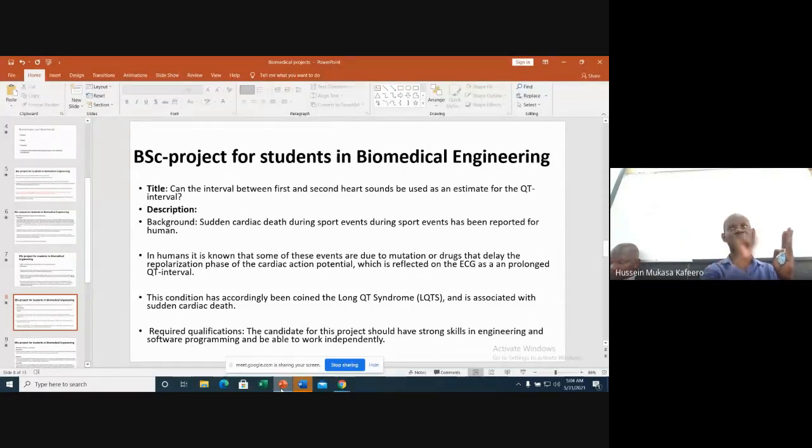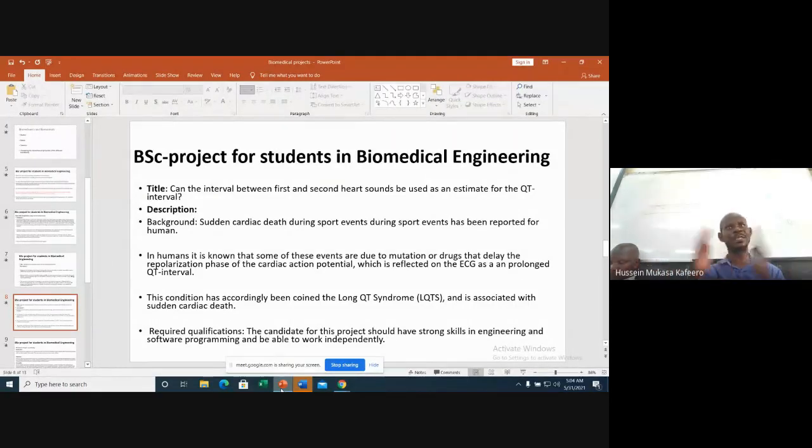The electrocardiogram begins with the Q and ends with the T. Can we use the heart sounds? Because you can hear them, you can put a stethoscope on the chest and hear the heart sounds. If we hear the heart sounds, can we use that to determine the QT interval?